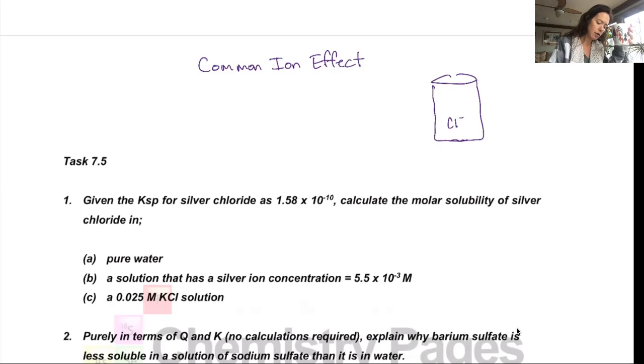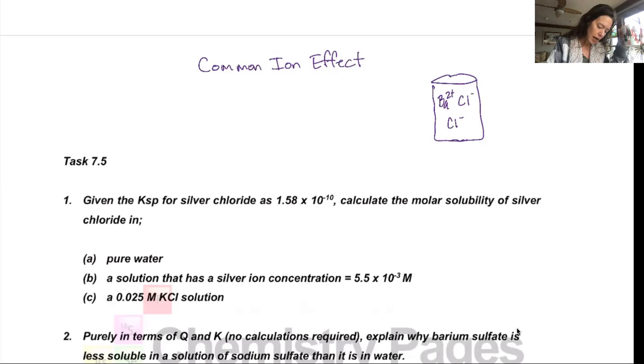I have chloride floating around, and I've got barium ions floating around. Now if I was to have another salt that contained barium or chloride, particularly barium because it's more of an insoluble type of ion.